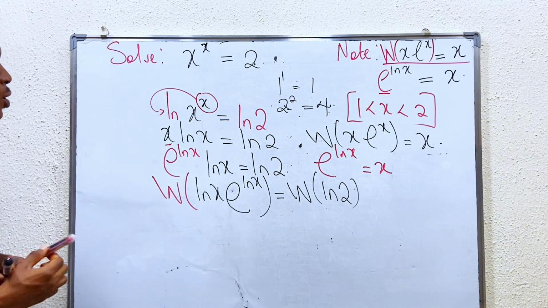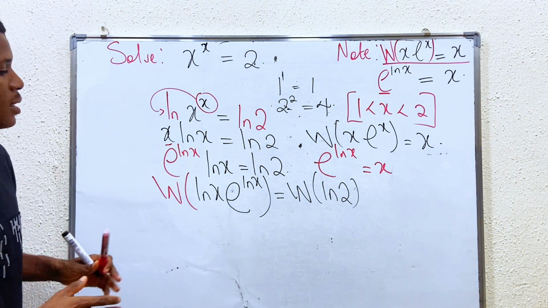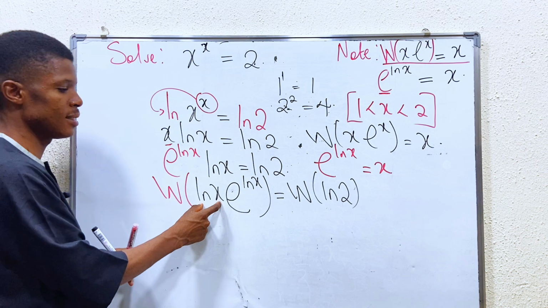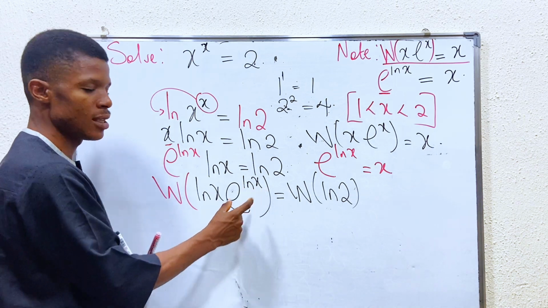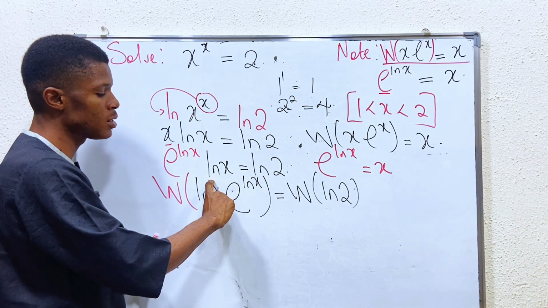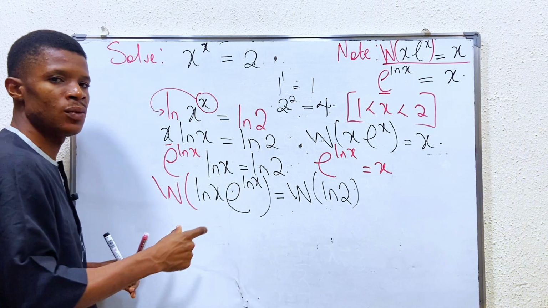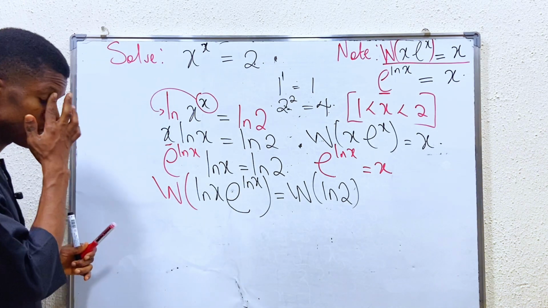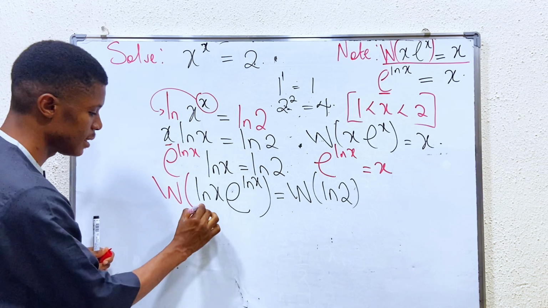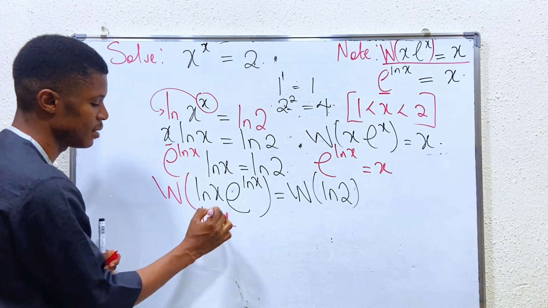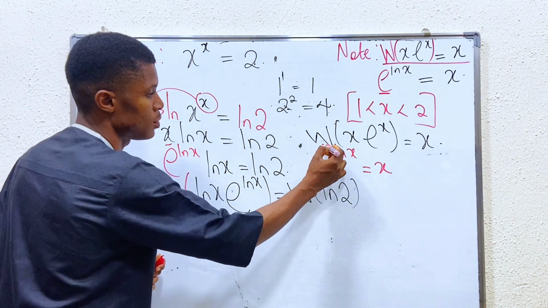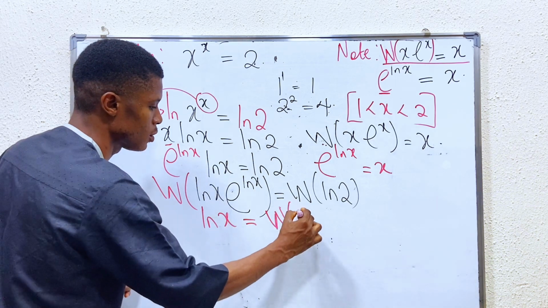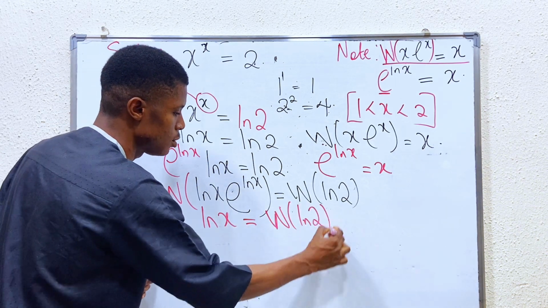Once we apply this Lambert W function, this is ln x, this is exponential ln x. So the term multiplying the exponent is the same as the power of the exponent. So the answer will now be that ln x, since it is the output as we have here, is equal to the Lambert W function of ln 2.